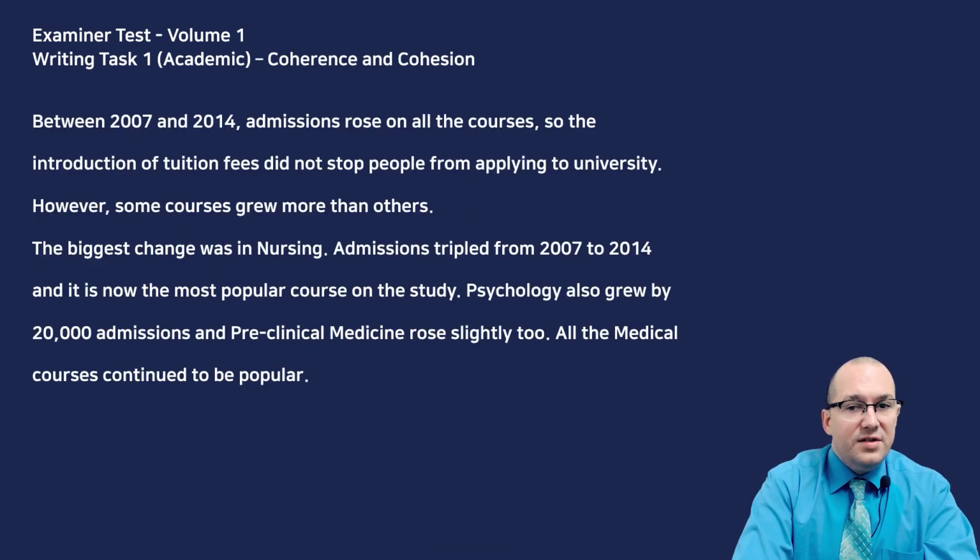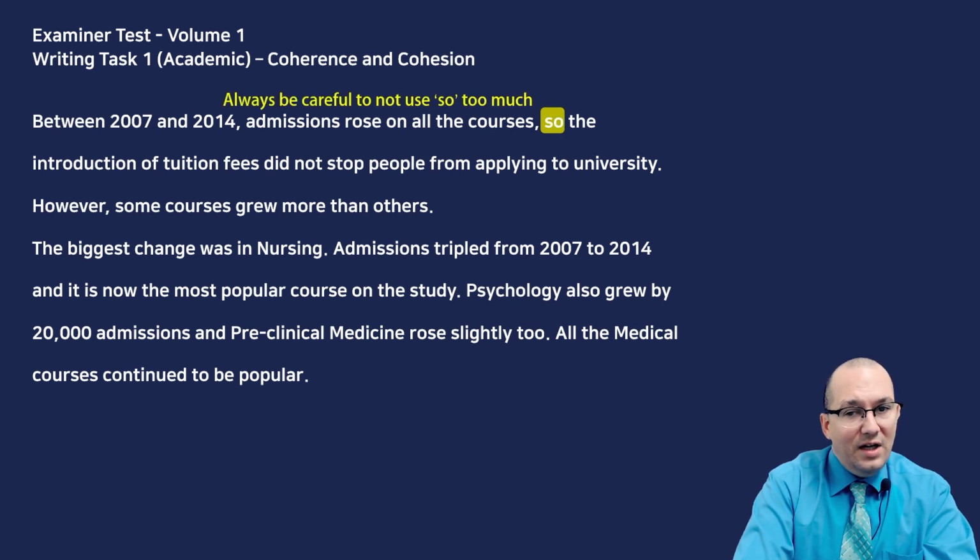Now, moving on to coherence and cohesion, let's look at the good things, the things that could be improved, and the mistakes. Starting with so. Well, I always say you've got to be careful to not use so too much. There are a lot of synonyms, right? Therefore, thus, okay?